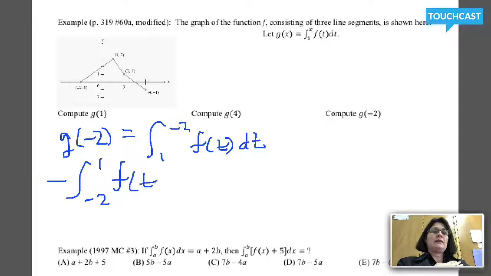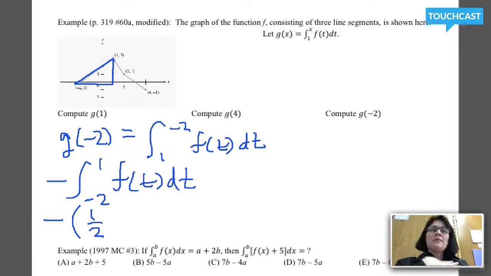f of t dt. And now I see, when I look at the better picture, negative 2 to 1, that's a triangle. It's above the x-axis, so I'm going to find the area of this triangle. I still have a negative here. The area of that triangle is going to be 1/2.